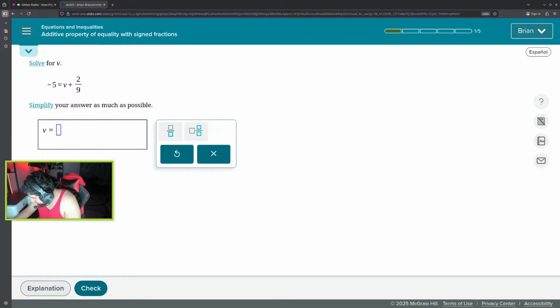Let's see, 47 divided by 9 does not go in evenly, right? So we just leave the fraction as is right there. The answer is negative 47 over 9.